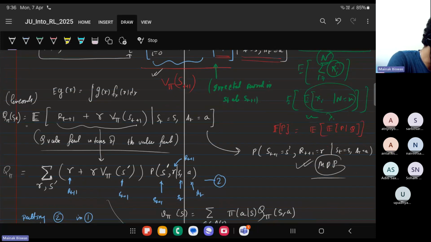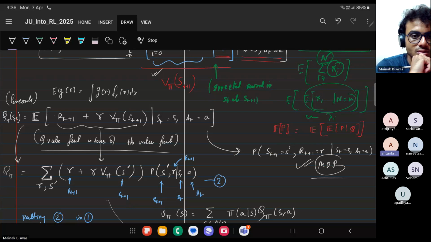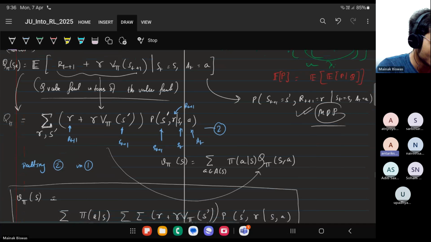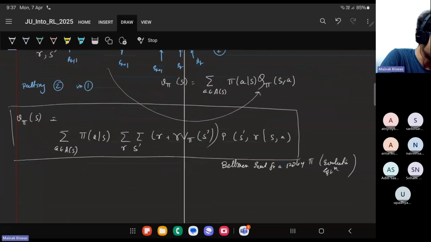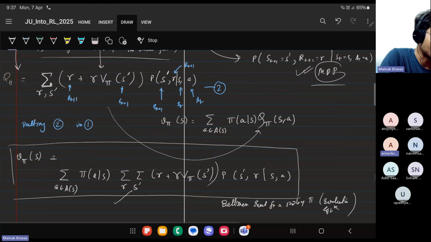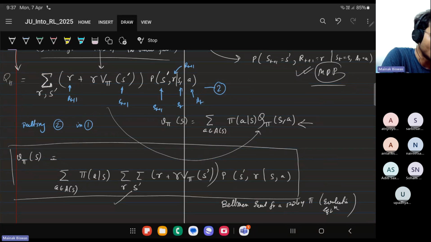Okay, so you mean from q pi of s comma a, how did I write it as a summation? The Lotus part is okay. How did you reach the final Bellman equation, the penultimate step? You're talking about v pi of s equals the sum of pi of a given s times q pi of s comma a.